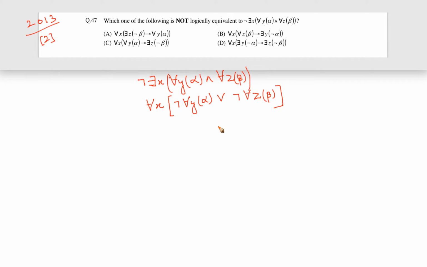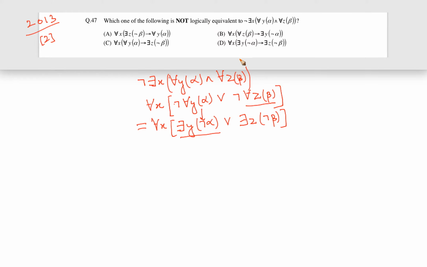Or you can write there exists z which is not beta. Now if you change this to this, but you don't change that one, you keep it, that is also one option. So for all x, this thing or this thing. There are many combinations, right? All of these are possible. We just have to see which of the given options is not logically equivalent to this thing which we are talking about.